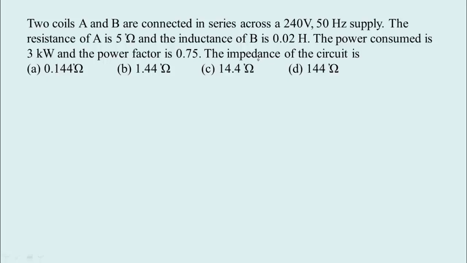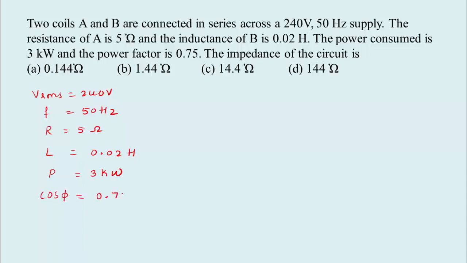The impedance of the circuit is, see here, the value of Vrms is given, that is 240 volt, frequency is given 50 Hz, resistance is 5 ohm, inductor value is 0.02 Henry, then power consumed is 3 kilowatt, power factor is denoted by cos phi, it is given 0.75. So we have to calculate impedance Z.